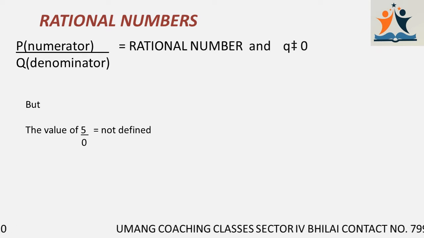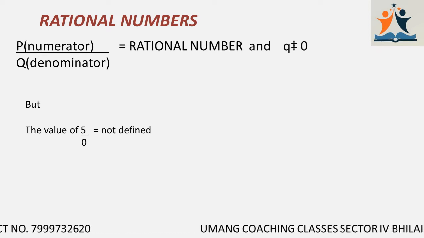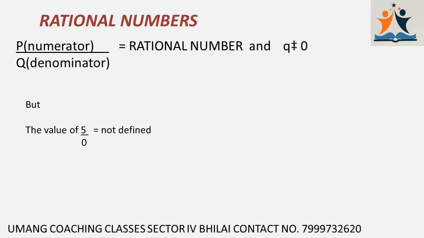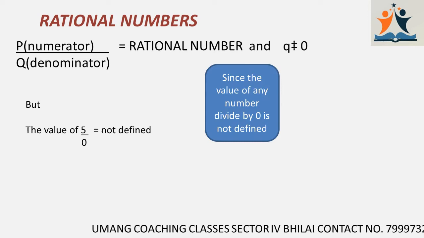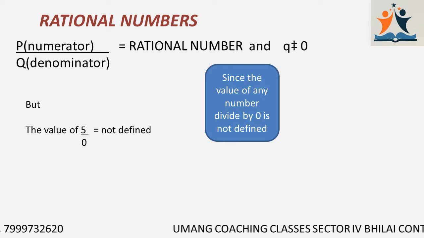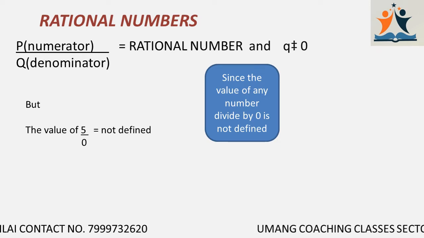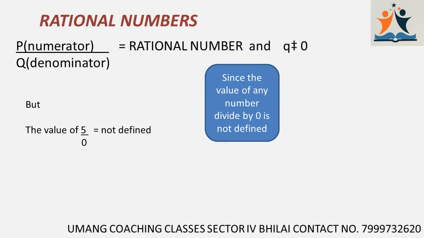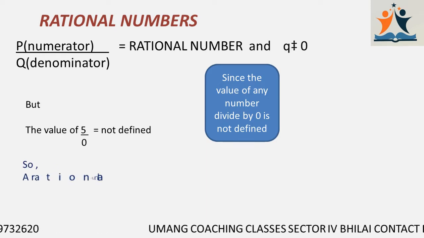Like the value of 5 by 0 is not defined. None of us know what the value of 5 by 0 is, since the value of any number divided by 0 is not defined. Not only 5, any number: 1 by 0, 7 by 0, 8 by 0, 100 by 0, any number divided by 0, the value is not defined.